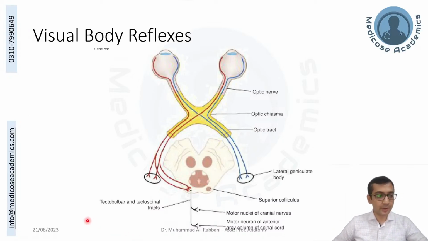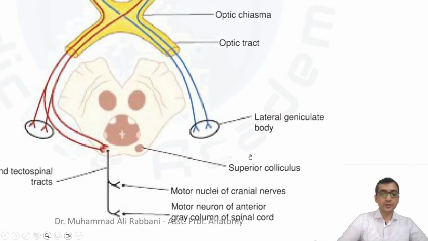So you should remember the parts that are responsible for that. The signal goes through the same pathway, all the way through the optic nerve, chiasm, tract, and then directly to the brainstem. Here, the part of the brainstem that is responsible for these is the superior colliculus.